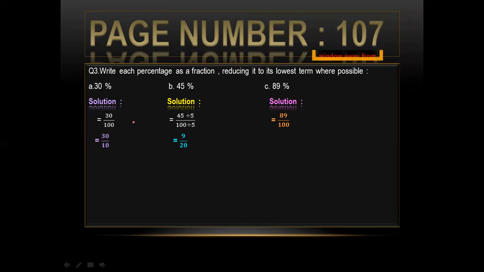First is 30%. 30% means we write here 30 over 100. 10 will cancel with 30 and the answer will be 3 over 10.